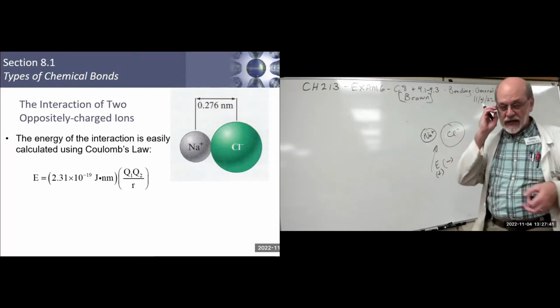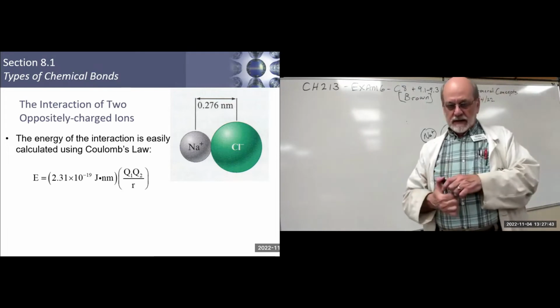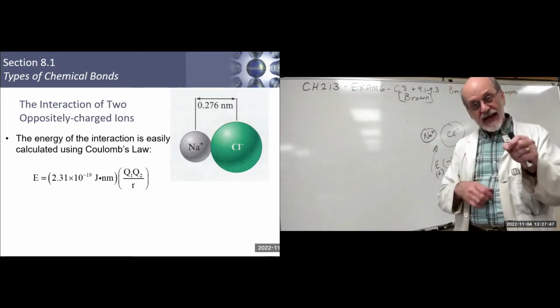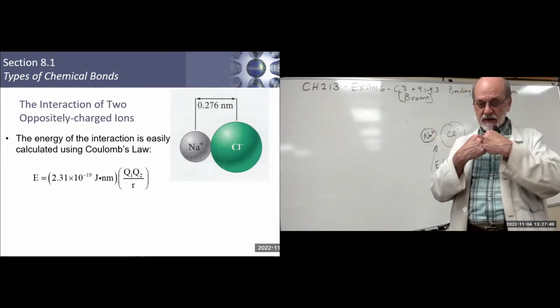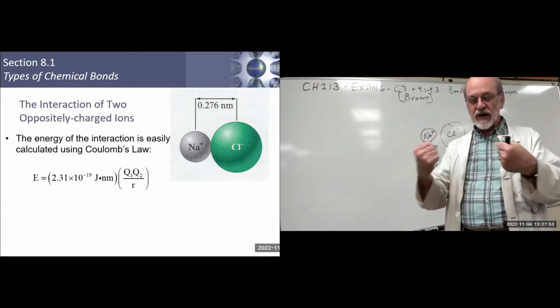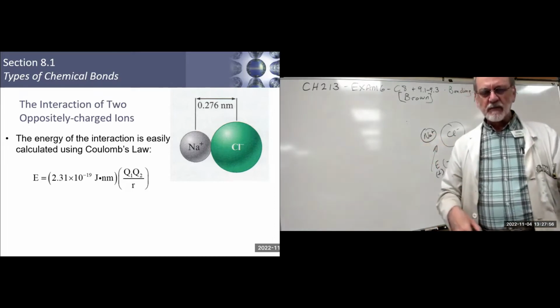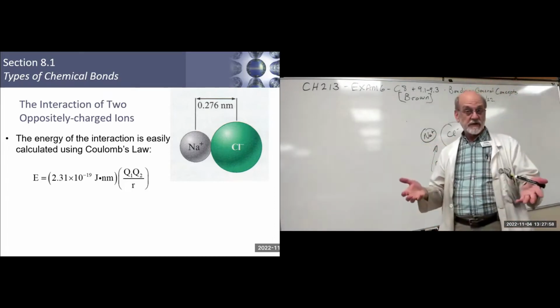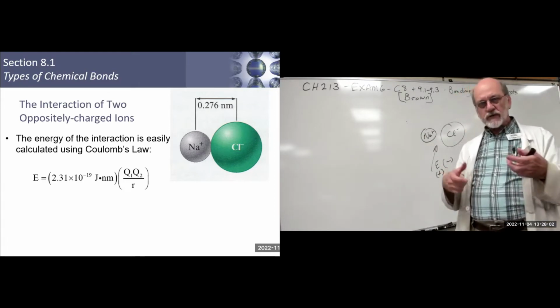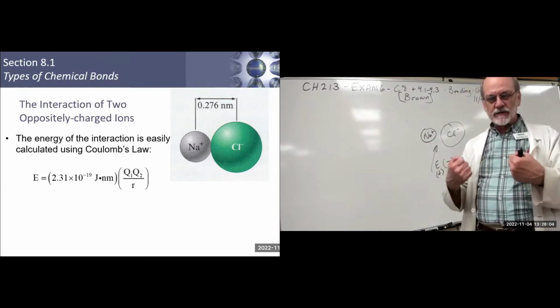Okay, so that's how we look at it. And that's if you've got a cation and an anion attracting. But you can also do this calculation for like charges, positive, positive, and negative, negative. But they won't form bonds, right? So we're only interested in the cation anion story.